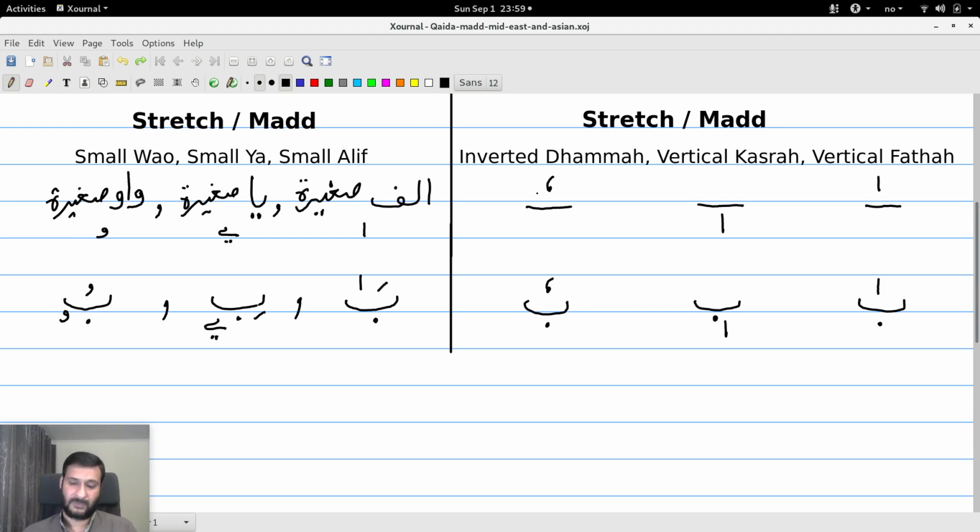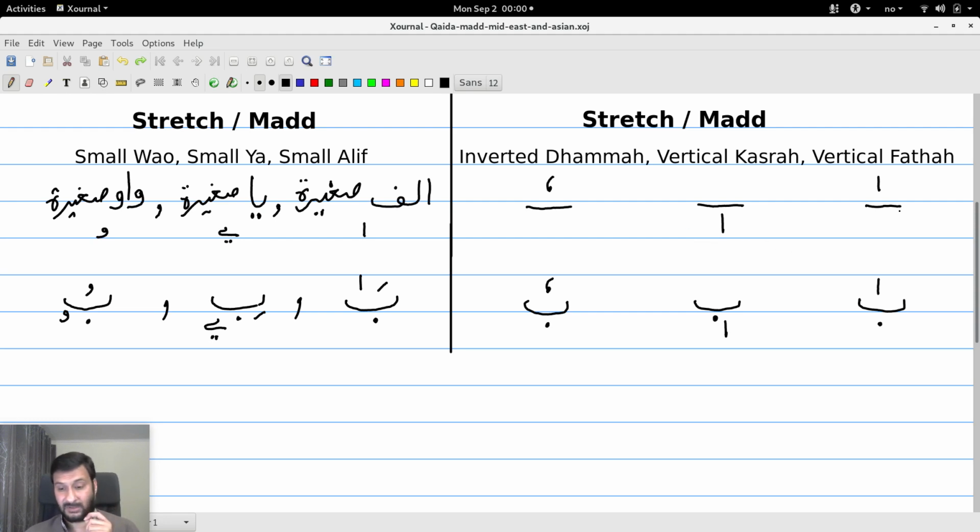Now if you find a Quran written in the Asian way, then you will not find this Ya Sagheera and Wao Sagheera, because it confuses people. So in Asia they thought, well, maybe we can simplify it. So what they did was, instead of writing Fatha and Alif Sagheera, they just said, we will just use Alif, and they called it vertical Fatha, because they also wanted to use Alif beneath the letter, and they couldn't come up with a proper name.